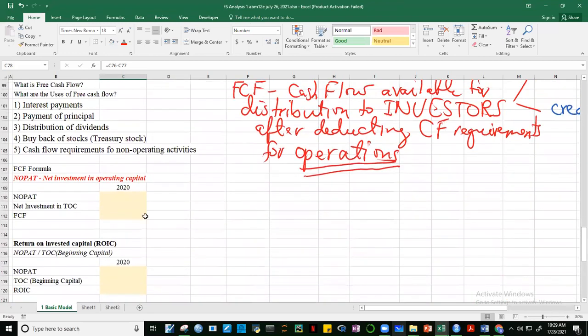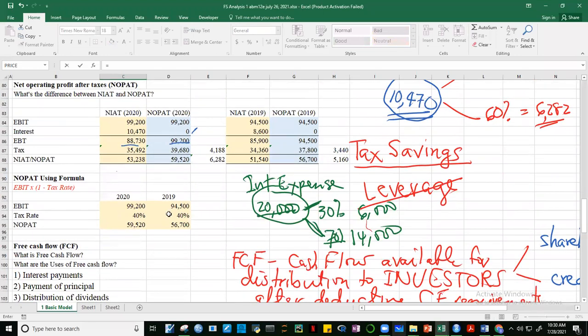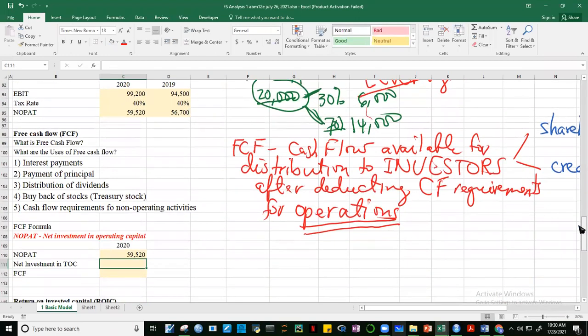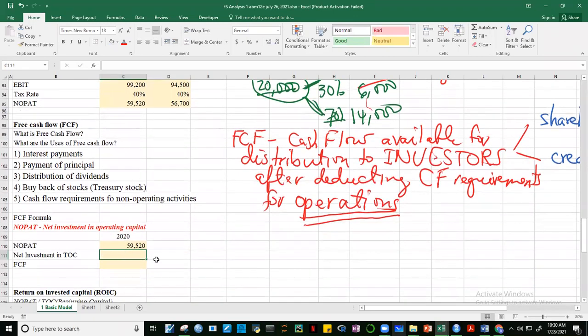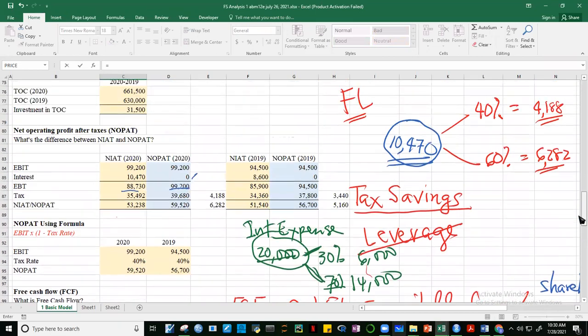Okay. Therefore, guys, balikan natin tong free cash flow formula natin. We will start with NOPAT. So net operating profit after tax. So for 2020, it's this one. Then, how much is the additional operating capital natin? So that's your investment in TOC.